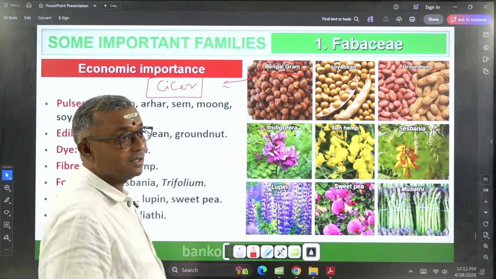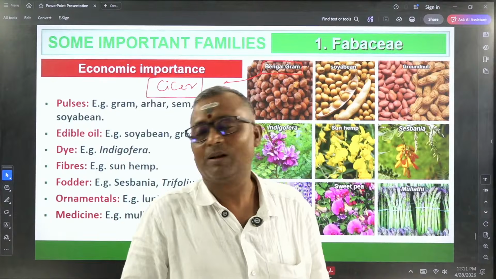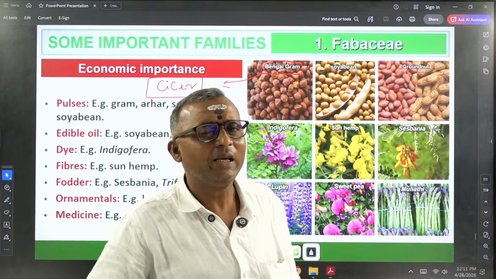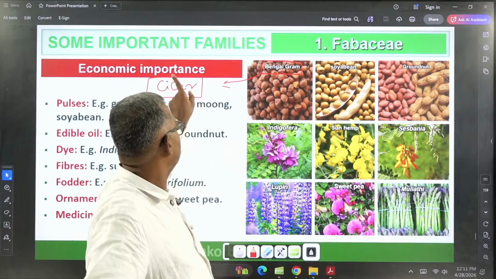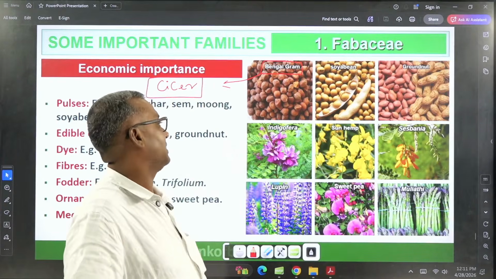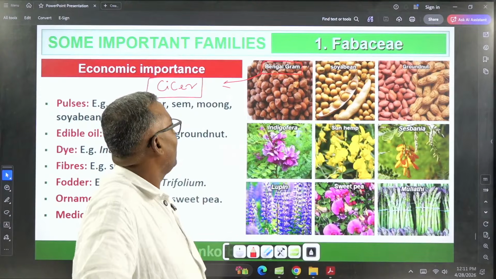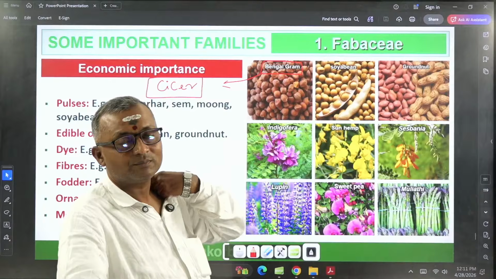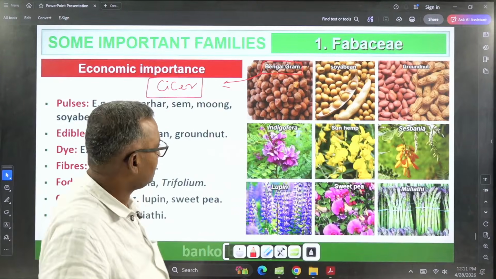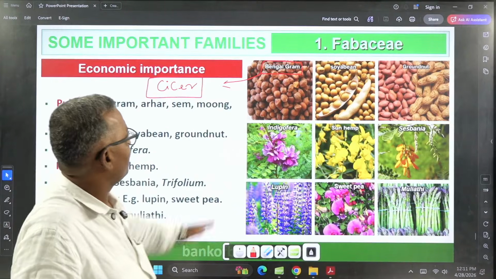No need of remembering its species name. Just remember its genus name, Cicer. Arietinum is its species name. Understood? So that is one example.